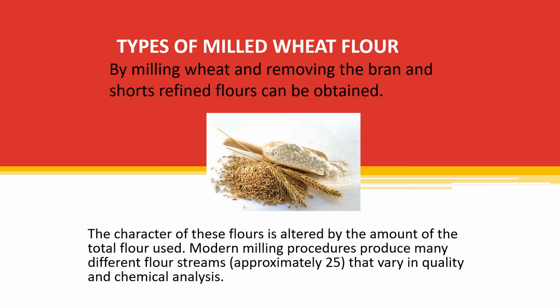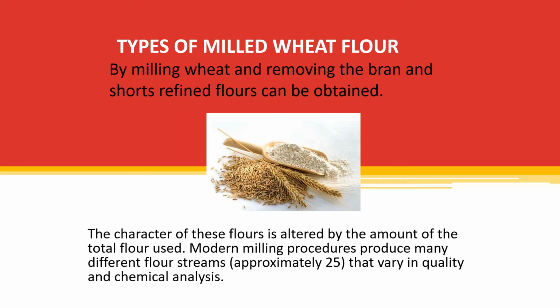और obviously there is a purpose behind refining the flour. Not one type of flour can be used in various kinds of recipes. Every recipe demands its own type of flour. The character of these flours is altered by the amount of the total flour that is used.